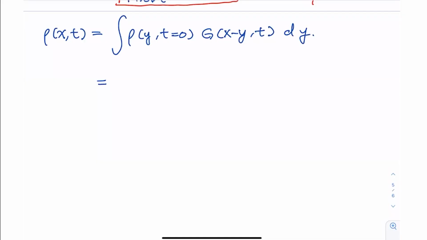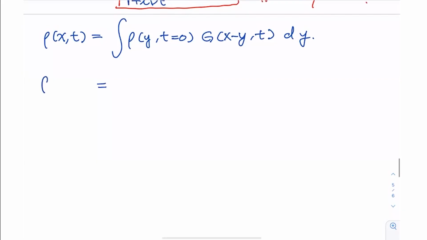Okay, hi everyone. I'll continue our discussion. What I'm writing now is just the general expression for the evolved density profile. We can take a look at the limit case. At t equal to 0, what is our density profile?